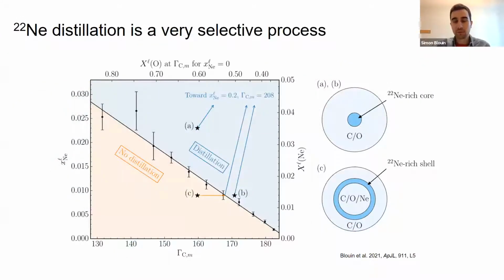Another key aspect of this process is that it is very selective. So that's what this plot is showing here. So let's say you have 60% oxygen in your core, so that's a standard value. Then what this plot is showing is that you need more than 2% neon for this process to kick off right when crystallization starts and form a neon 22 rich core.